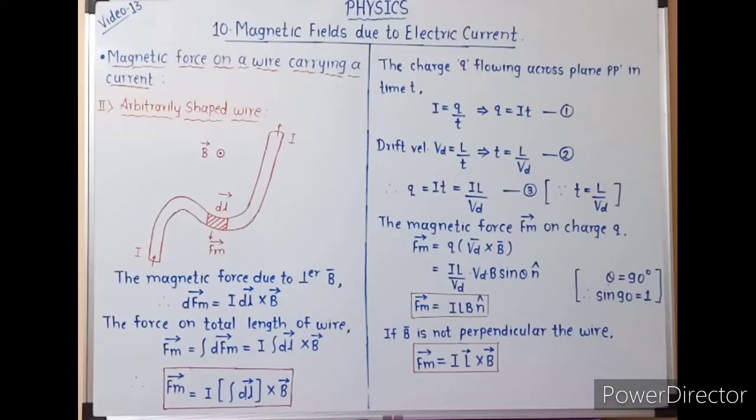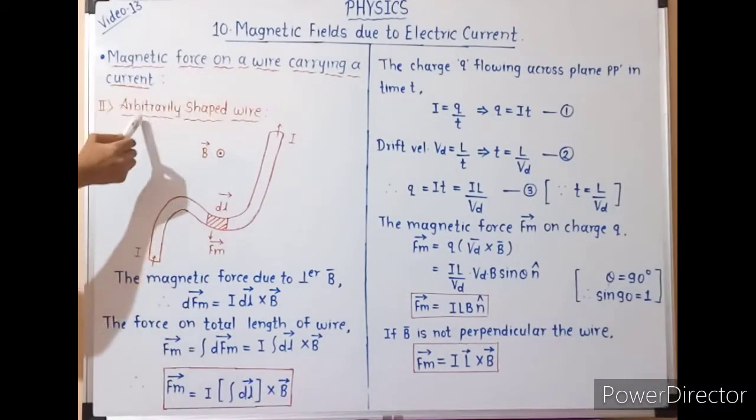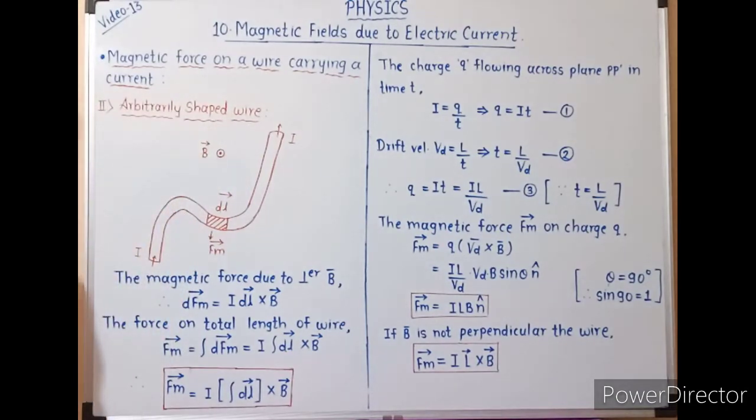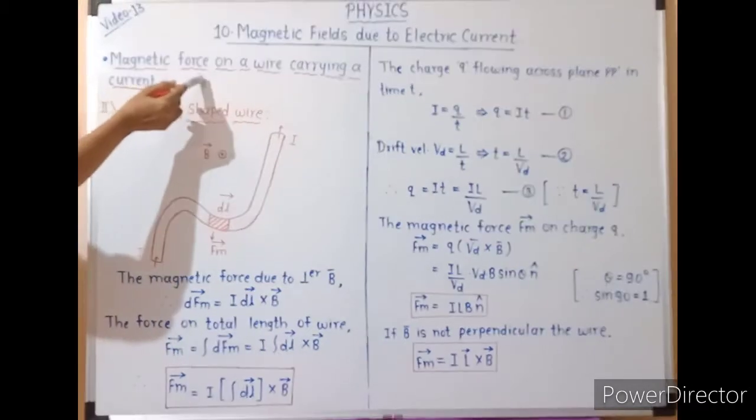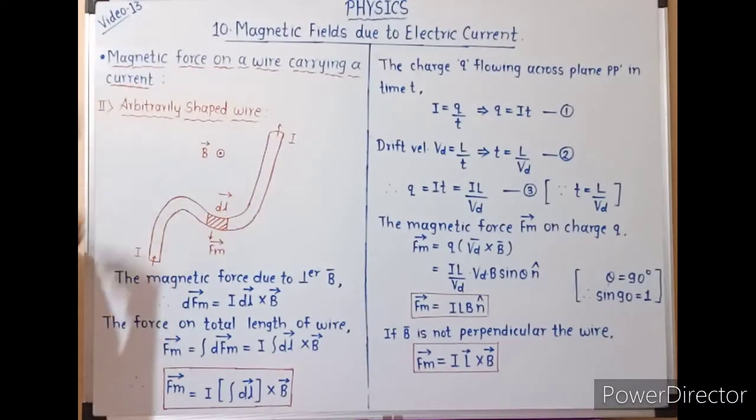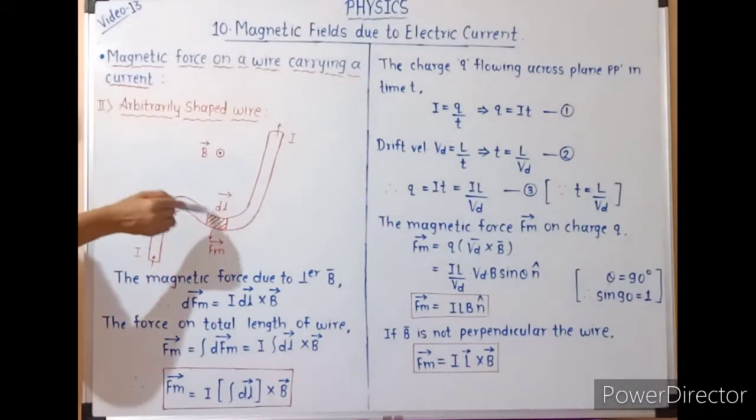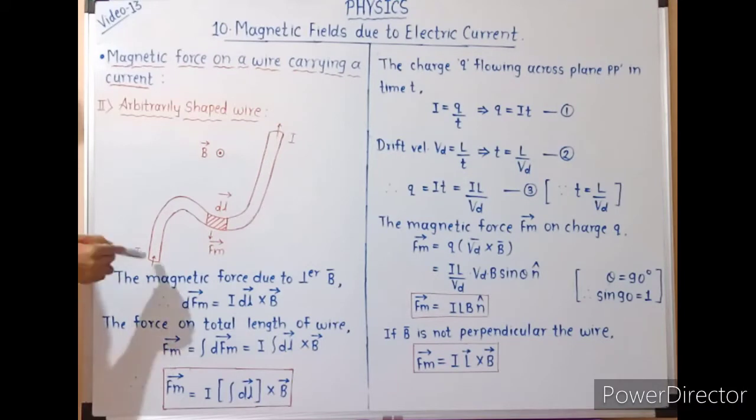Now the second point is magnetic force on an arbitrarily shaped wire carrying a current. In the first point, we have obtained the magnetic force for a straight wire. Now we will find the magnetic force for an arbitrarily shaped wire. So consider this arbitrarily shaped wire, and at this particular point current is entering this wire.